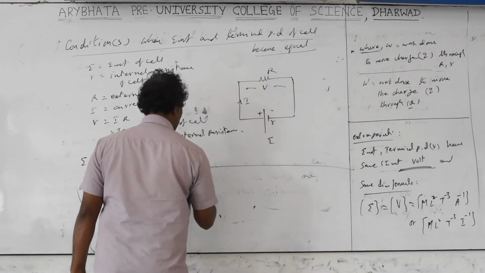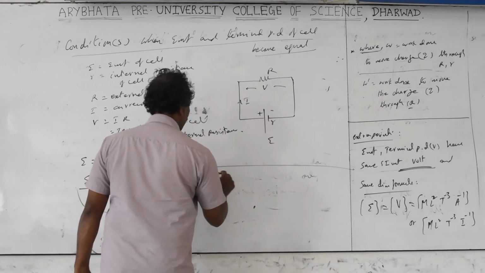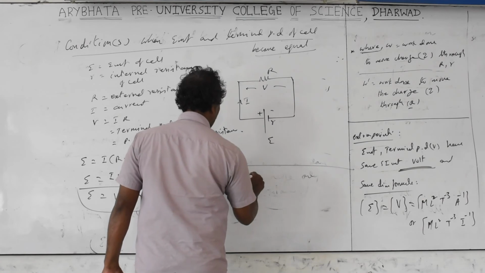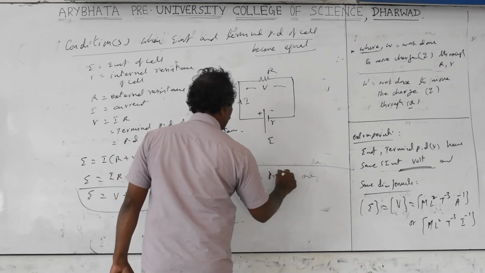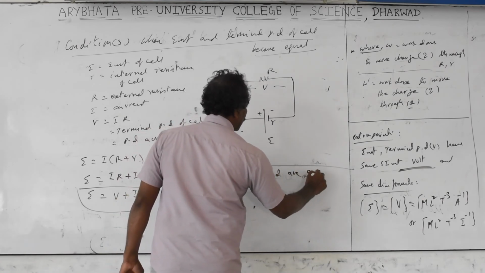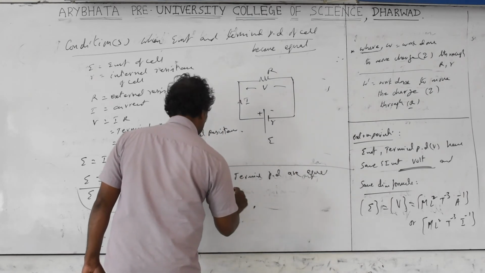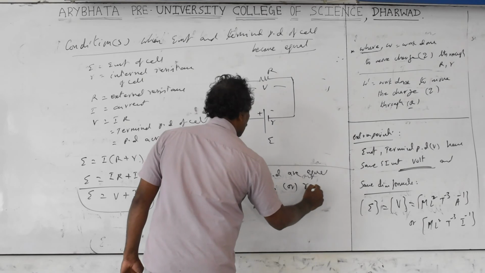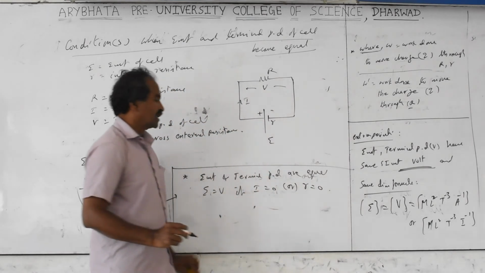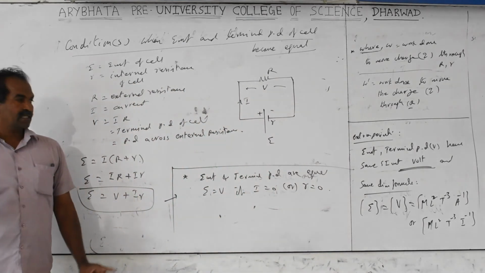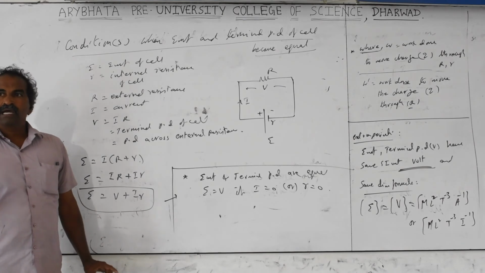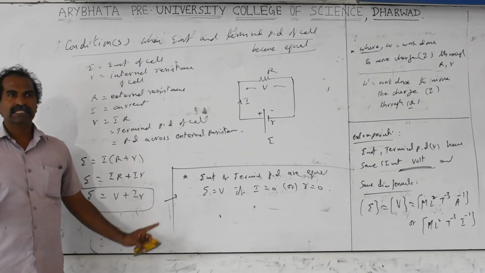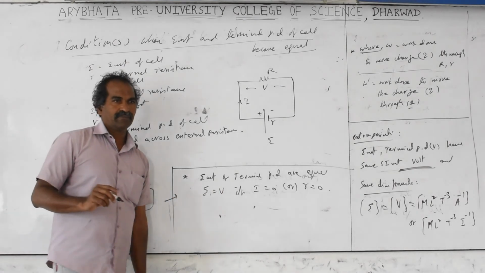This point is important. EMF and terminal potential difference are equal, that means E equal to V, if I equal to 0 or r equal to 0. That is, if the cell is in open circuit or is an ideal cell with internal resistance 0, in both cases E and V are equal.